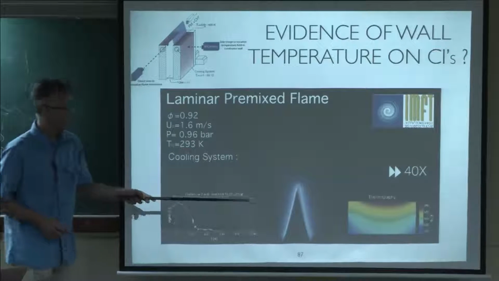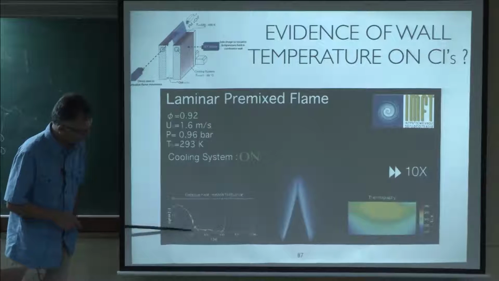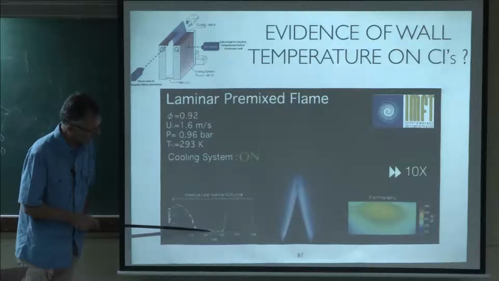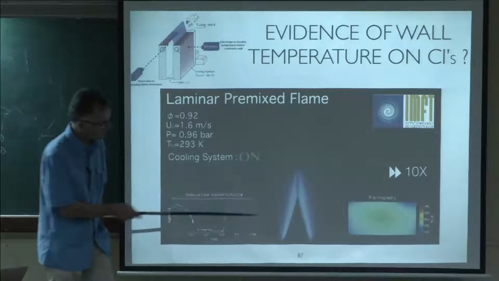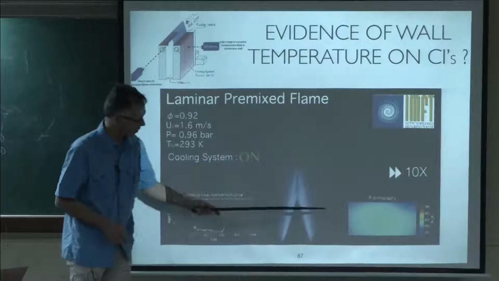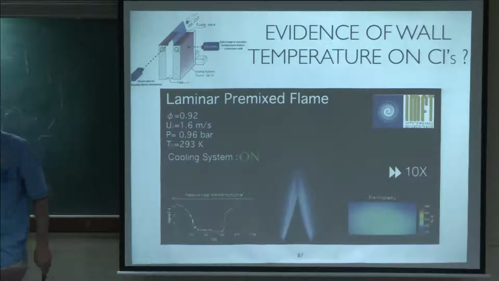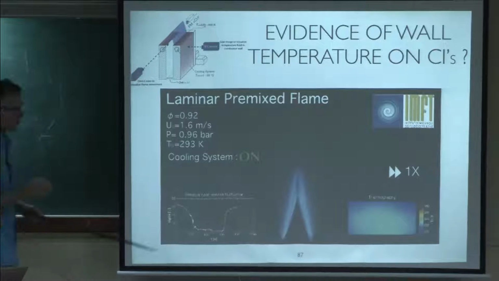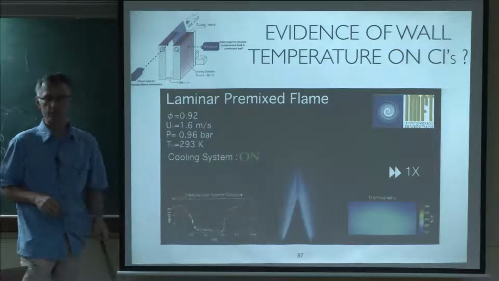And when the walls get warm, as you can see from the oscillations here in the emission, the flame gets stable again. And then, at this point, we started cooling the wall, so the wall gets cold again. And when the wall gets cold, the flame becomes unstable again. So in this experiment, there's a direct control of the instability by the wall temperature.